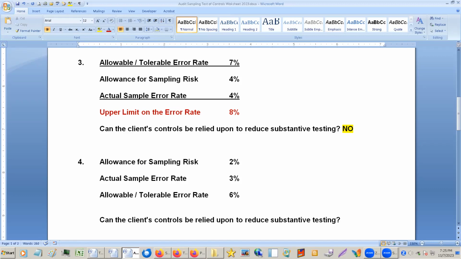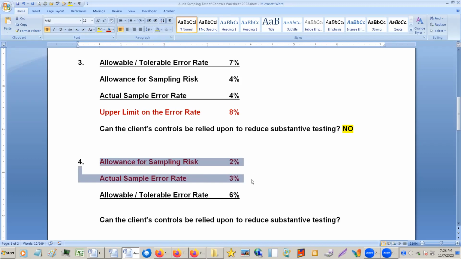So can we rely on the substantive testing? Yes. Oh, you messed up the order. I get what you're saying. No, you can rely on it. You were right the first time. Yeah, the allowable. So this is the allowable rate. So this is kind of like this up here, and down here, we do those in a reddish hue.